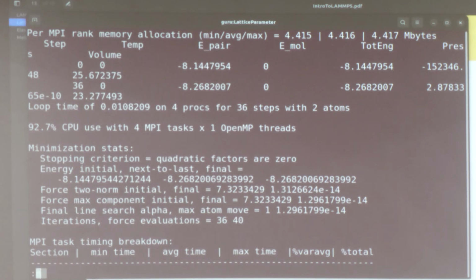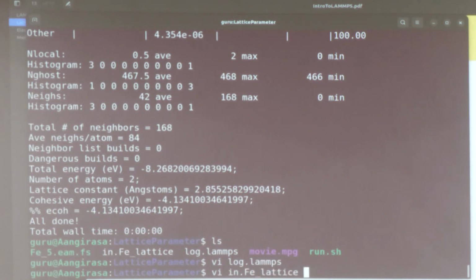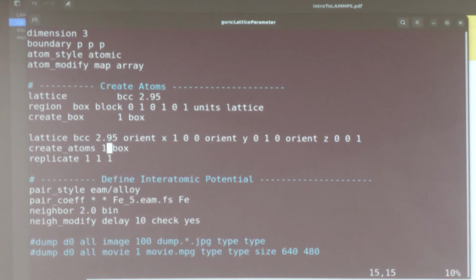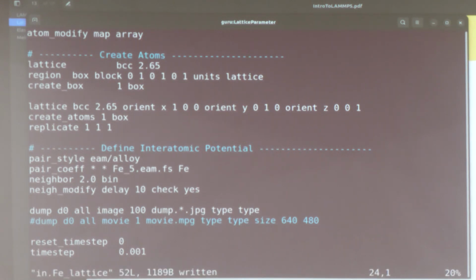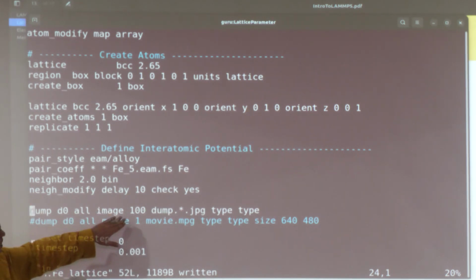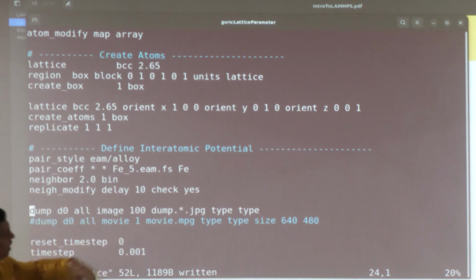Now, what I want to do is to show you two things. Let us start with this 2.65 and then come back to 2.95 if needed. First thing is, I just want to dump all images. The dump command, okay, image, every once in 100 steps or so in JPEG form, I have to dump.